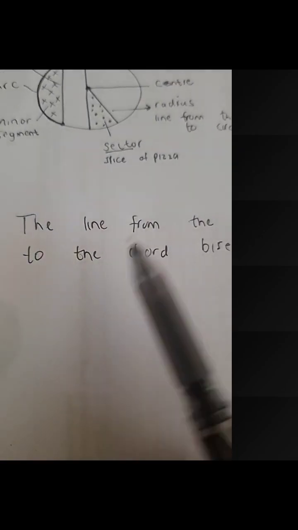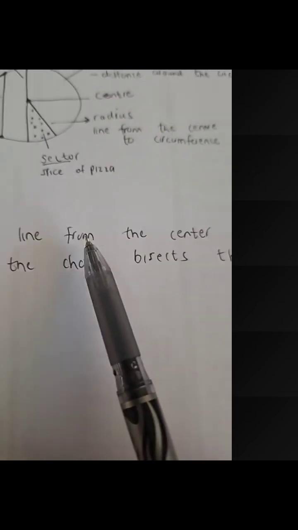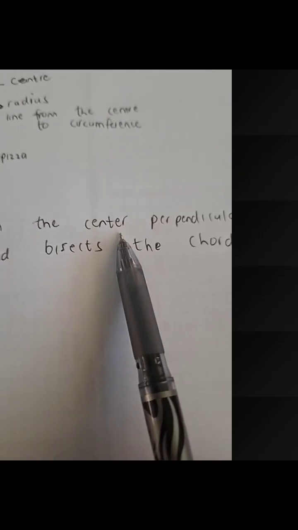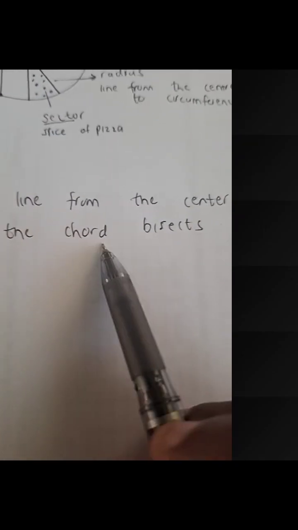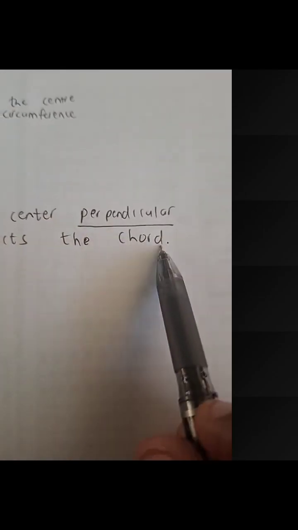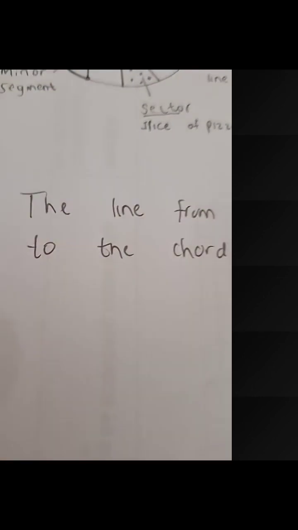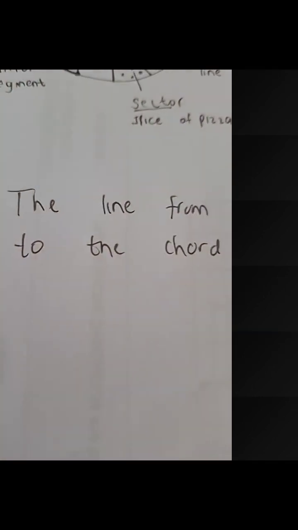Okay, so I'm going to repeat this. It says the line from the center perpendicular to the chord bisects the chord. So let's look at this. The line, okay? Hopefully we all know what a line is, guys.